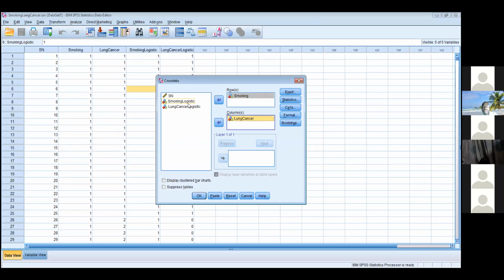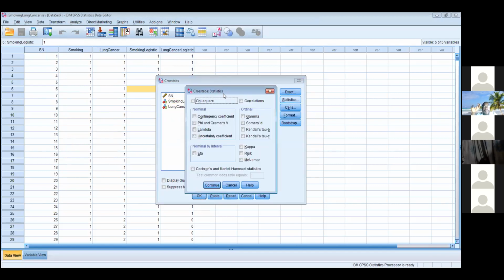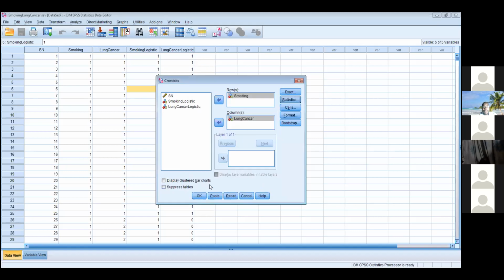No, leave those ones. I just created those for something else. Click on statistics, click on risk, below kappa. You're not calculating chi-square. If you calculate chi-square, it will give you chi-square, but that's not what we're looking for here now. Click continue. Click OK.